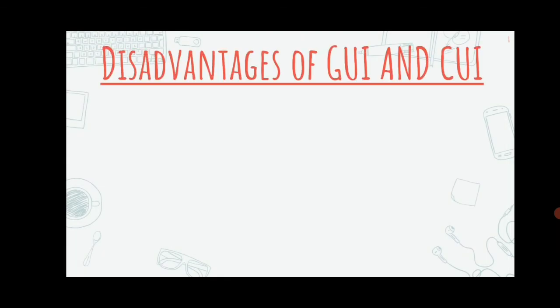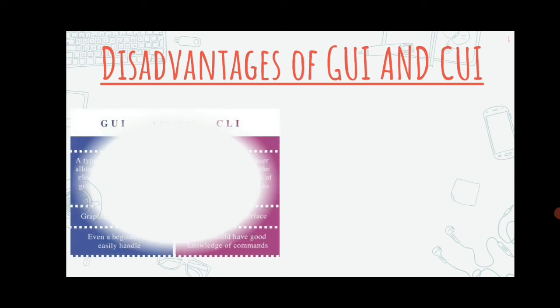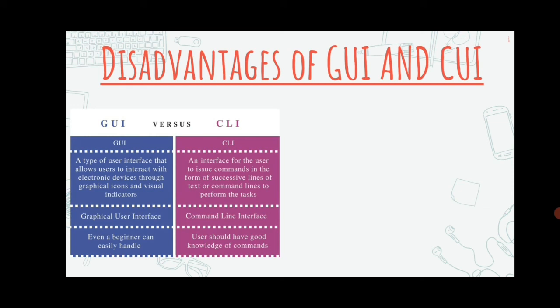Now, come to the disadvantages of GUI and CUI. GUI is a type of user interface that allows users to interact with electronic devices through graphical icons and visual indicators.